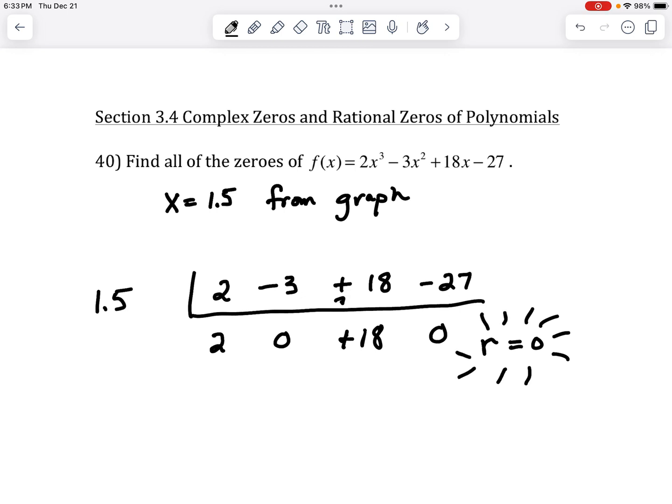Okay, so since this started with x cubed and we just divided by an x, that means that this one is saying 2x squared. This one is saying you do not have any x's, and then there's a constant 18. And it's asking us to find out where this equals 0, so you could set it equal to 0.